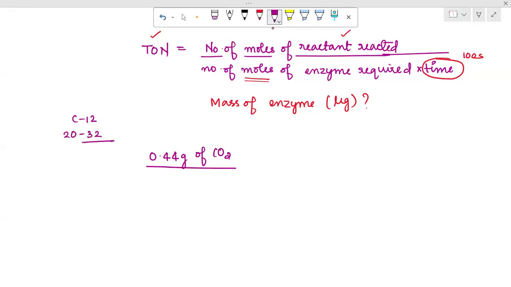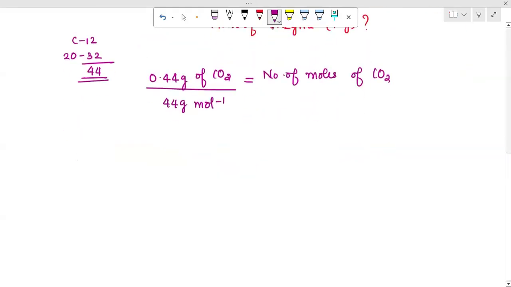So in totality, this is 44. So the number of moles of carbon dioxide which is converted is 0.44 divided by 44 grams per mole. This will give us 0.01 moles.